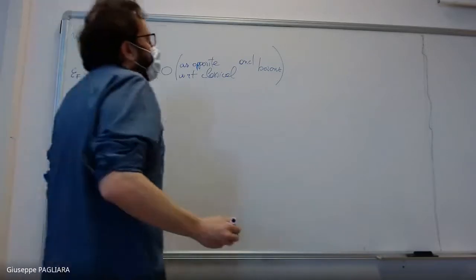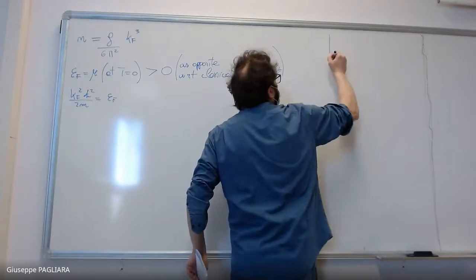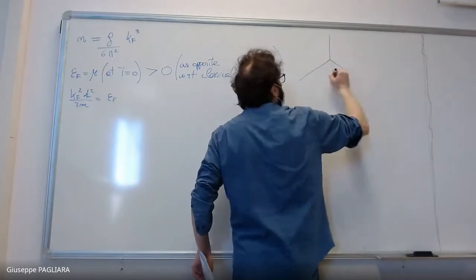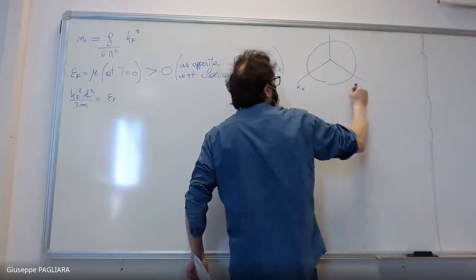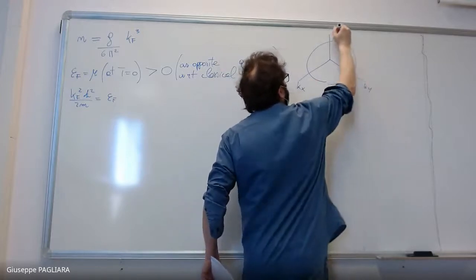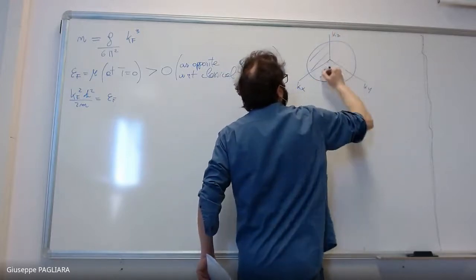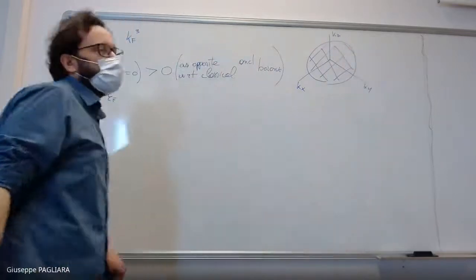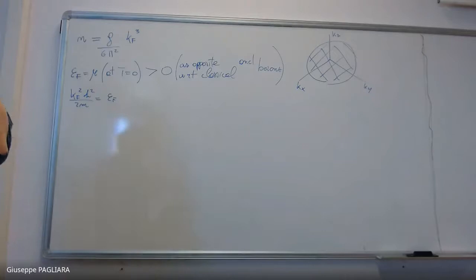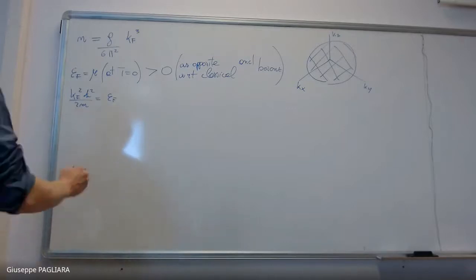Okay, so the interpretation is that, as I said before, all the levels of the continuum are occupied. This is Kx, Ky, and Kz, and this is the Fermi sphere, which is all occupied by particles, and all the other levels are unoccupied. Okay, so that's it basically.